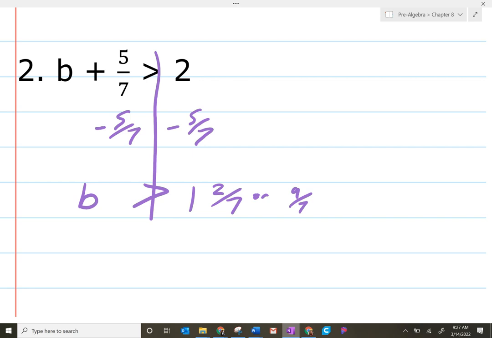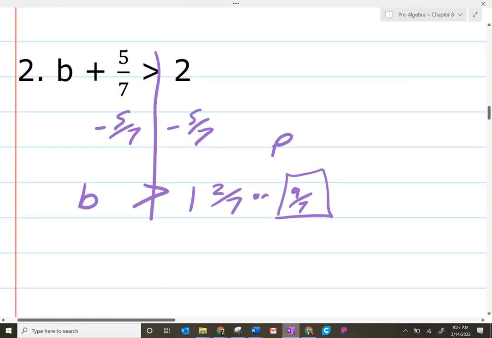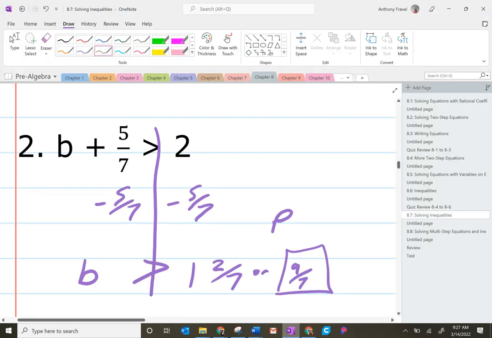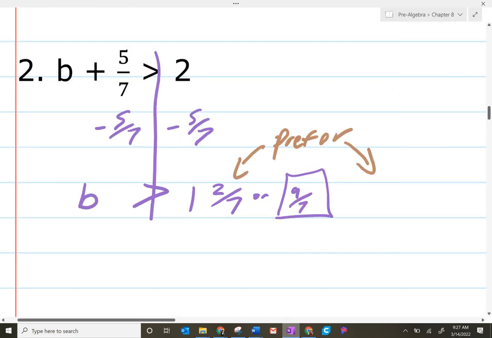So, even though it came out like this, if you put it in your calculator, it would have showed up like that. I would prefer a mixed number or a decimal. Okay, 1.27 as a decimal is 0.29.